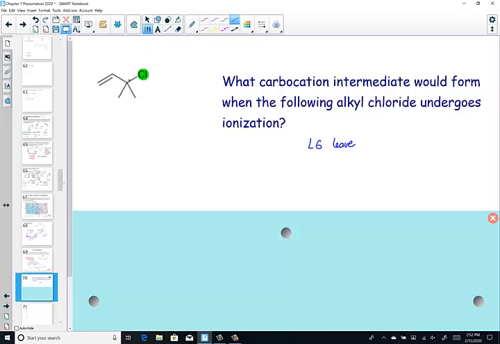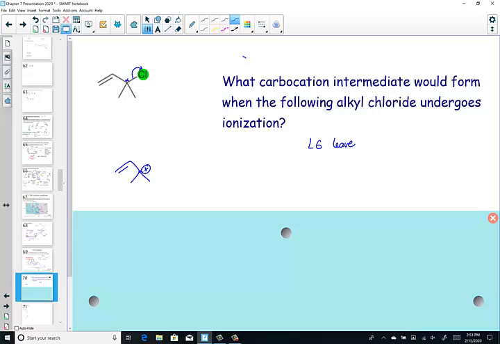This is the alpha carbon, the carbon that is attached to the chlorine. The carbocation forms when the leaving group picks up its electrons and leaves. When I redraw this structure, this alpha carbon still has the two methyl groups, and now this would be the positive charge.